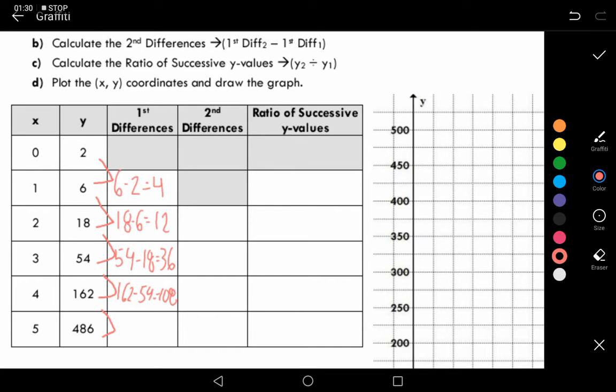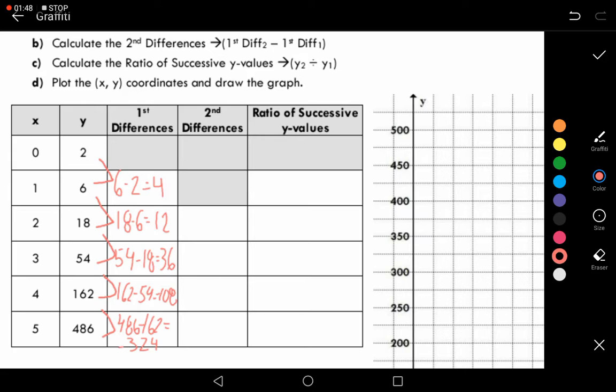Sorry for the messiness there, I don't have a lot of space. And lastly, 486 minus 162 is 324. Okay, so we've calculated the first differences.